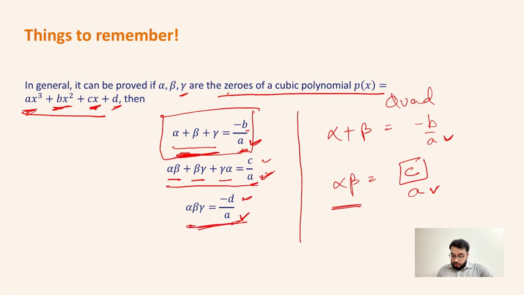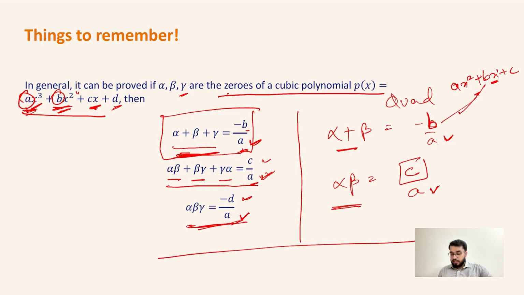And for the sum, it would be the second highest power. Say in x cubed, it has a, so the second highest is x squared, which would be b. In ax squared plus bx plus c, the second highest was x raised to the power 1, therefore b. So this is what we call the relationship between the zeros and coefficients of the polynomials.